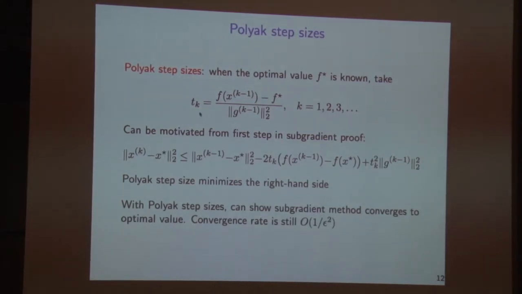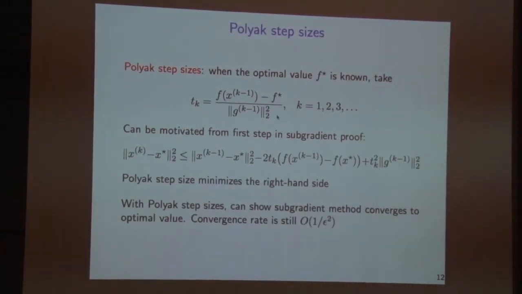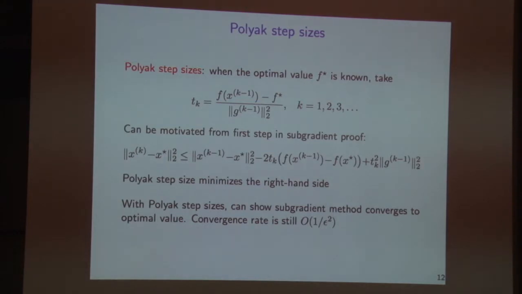We take the distance between where we are right now in terms of our optimal criterion value, f of x_{k-1} minus f star, and we divide by the squared norm of the subgradient that we see, again, at the current iterate. If you go back to the first step of the subgradient proof, we use this bound.